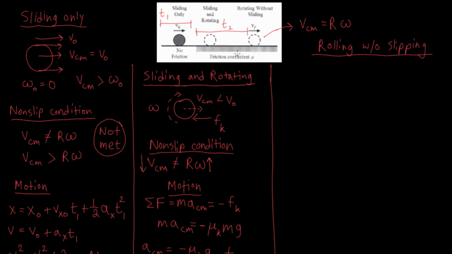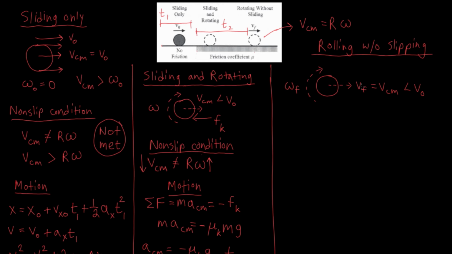And so let's now analyze what it is like for an object to undergo rolling without slipping. Since the object is now rolling without slipping, it reached a final angular speed of omega subscript f, which stands for final angular speed.